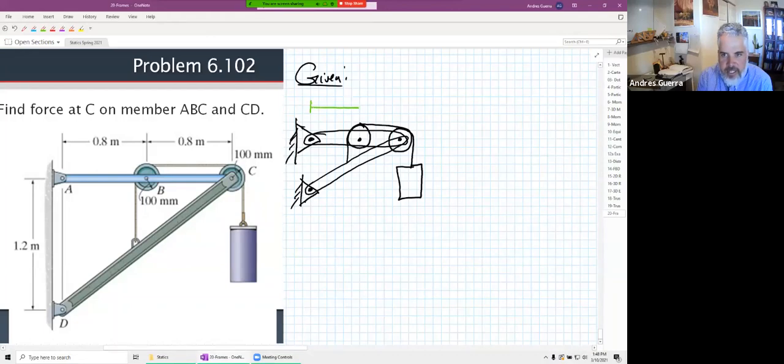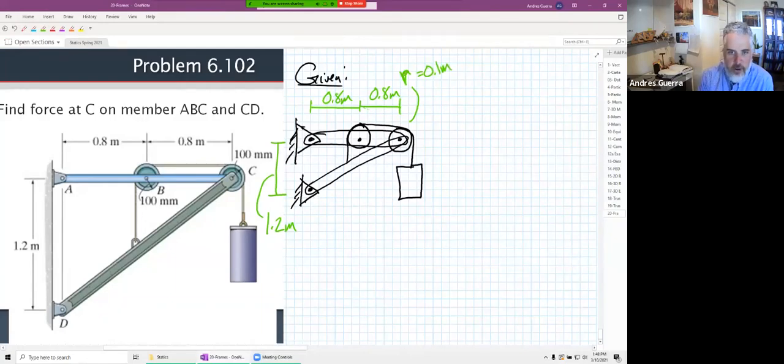This is a distance of 0.8 meters, another 0.8 meters here, and this vertical distance is 1.2 meters. They tell us that the radius of our pulleys, R, is equal to, I'll convert it to meters, 0.1 meters.